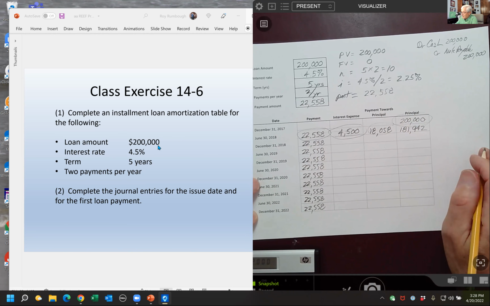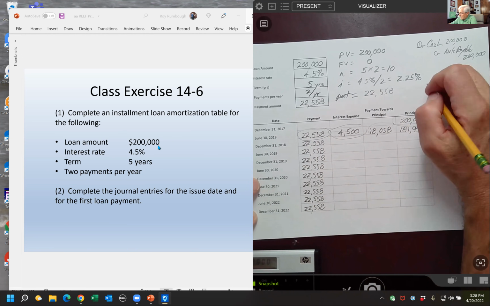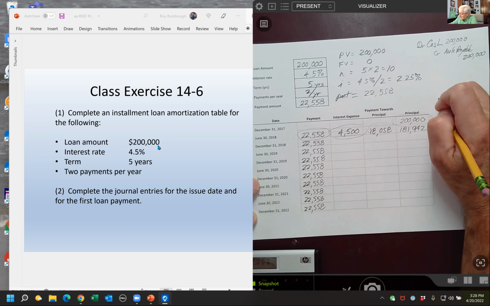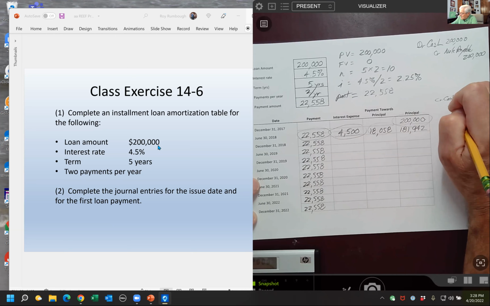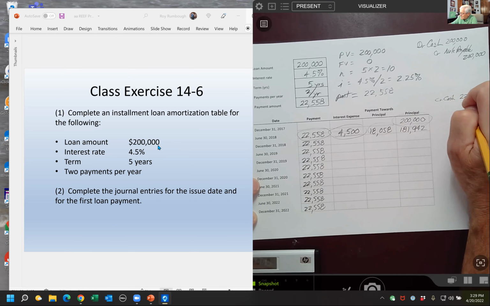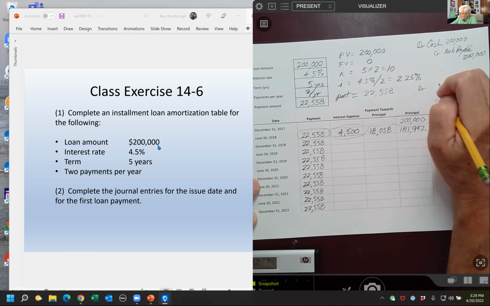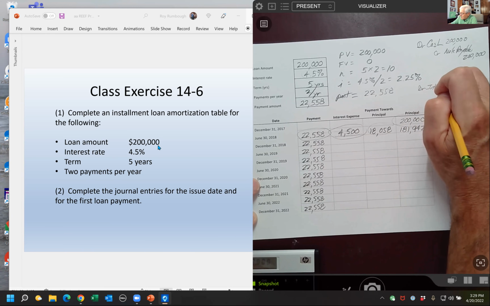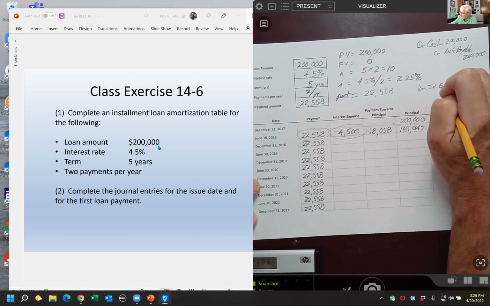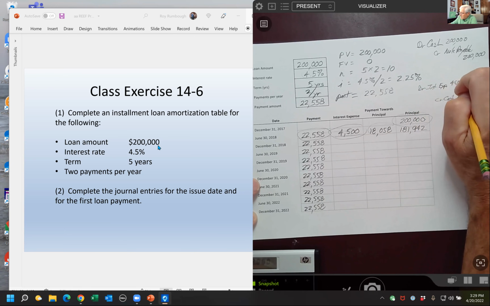What is our journal entry here for this first one? Okay, I'll do the credit to cash. I know that one, 22,558. And then I'm going to debit interest expense, that will go to the income statement, 4,500.